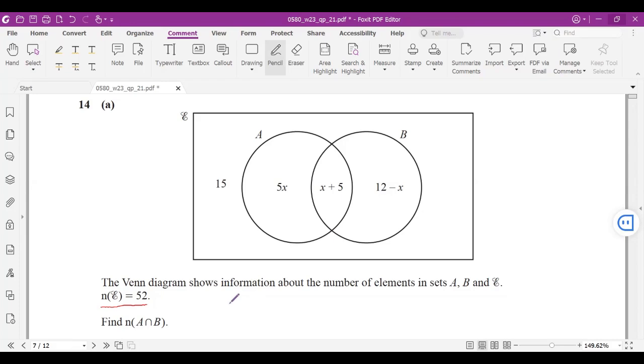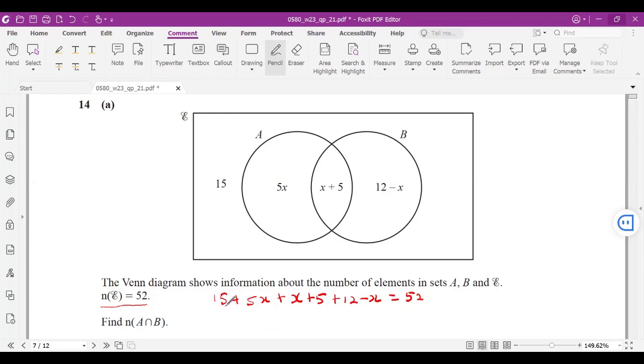So what it means, therefore, is that if we add 15 plus 5x plus x plus 5 plus 12 minus x, everything should give us 52.